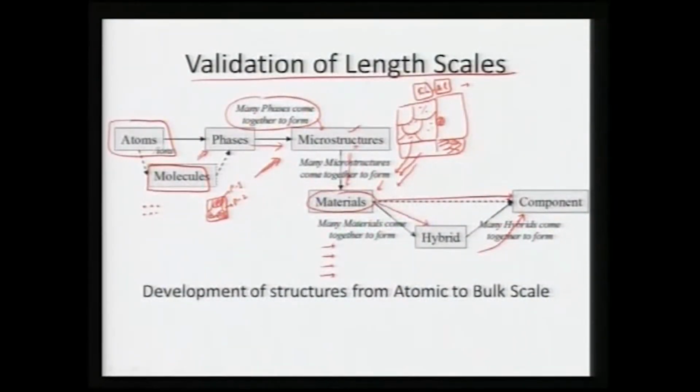So, we can have multiple number of materials. Now, they can be layered, they can form hybrids, they can be gradiently promoted to form certain components which can again be engineered for certain engineering applications. So, we can see how the complexity of a component arises from the basic unit, that is nothing but the fundamental building block, the atom.